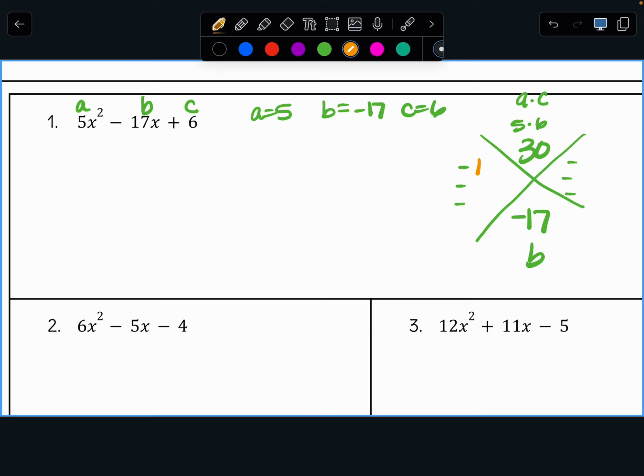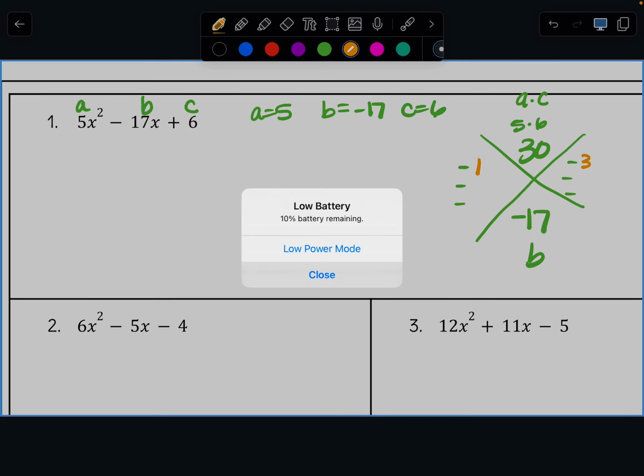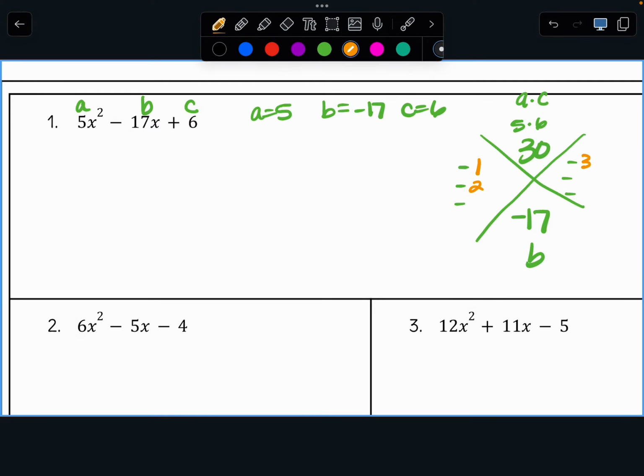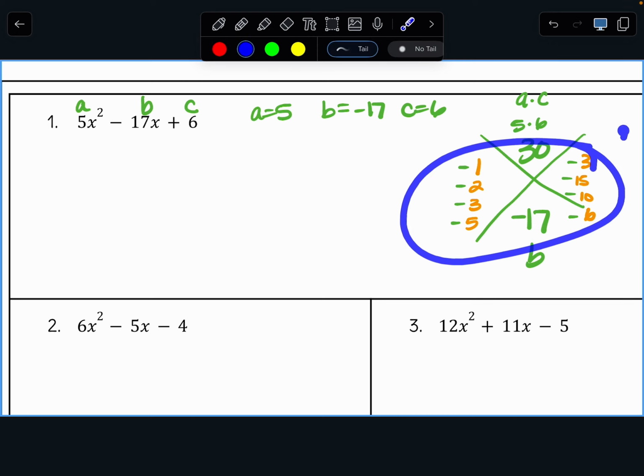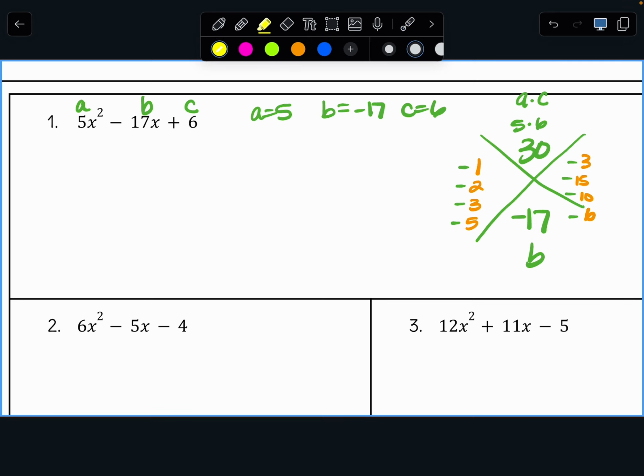So 1 times 30, 2 times 15, 3 times 10, 5 times 6. So when I look at that, all of these are the factors, all of these multiply to give me 30. But the ones that add to give me negative 17 are negative 2 and negative 15.